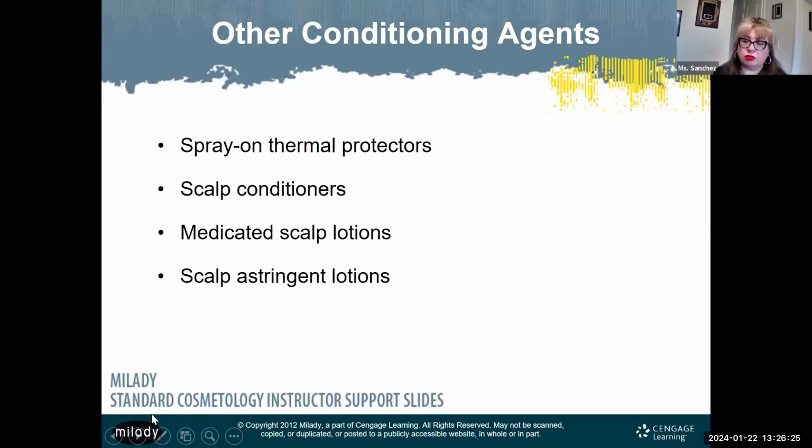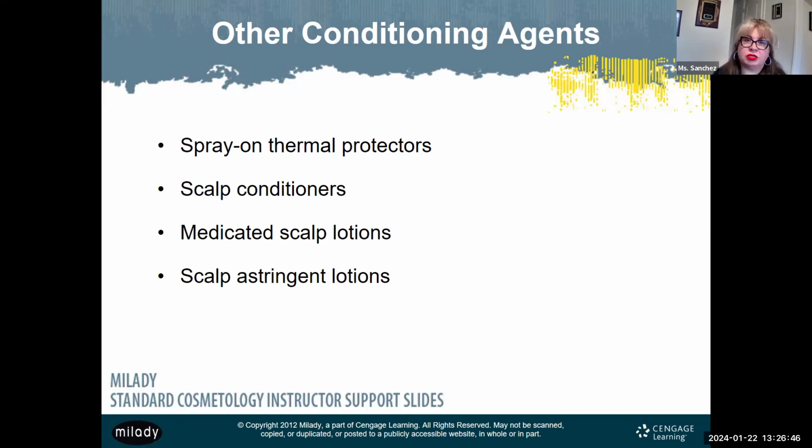Scalp conditioners. We also have scalp conditioners that moisturize the scalp. It provides a little bit of oil, a little moisturizer. It's like when you get out of the shower and your face is all tight and dry. You put some of that moisturizer on, and your face feels soft, right?